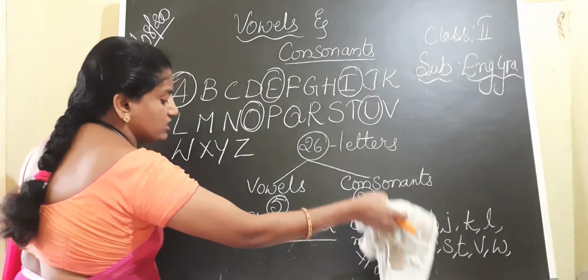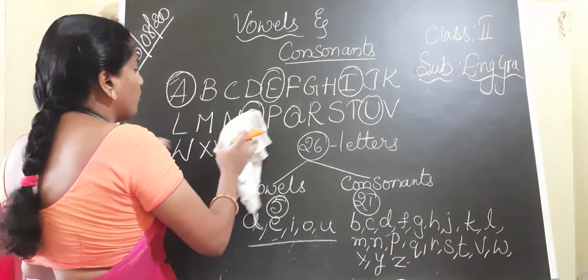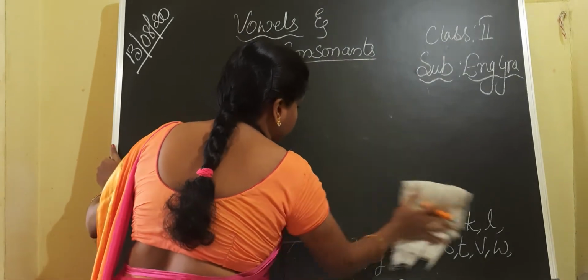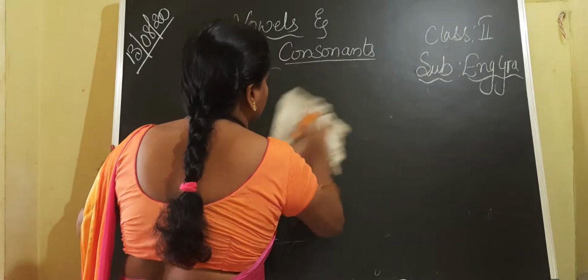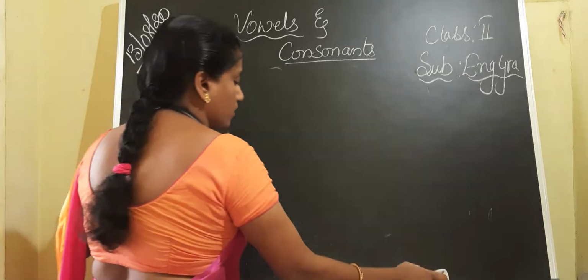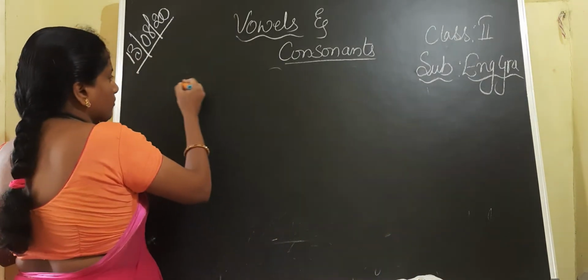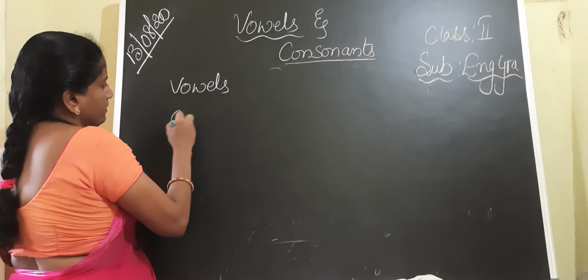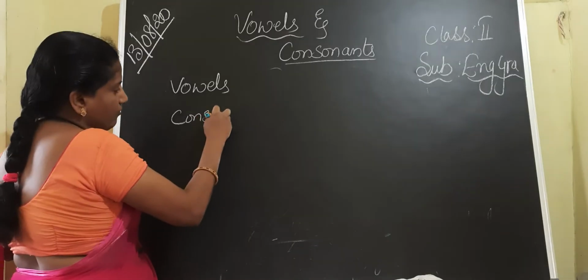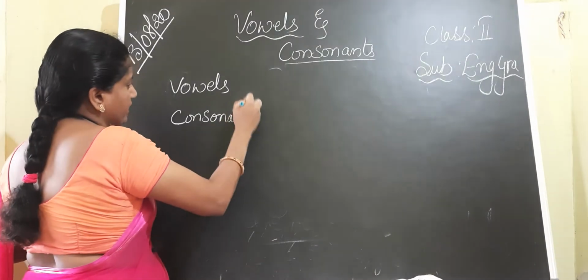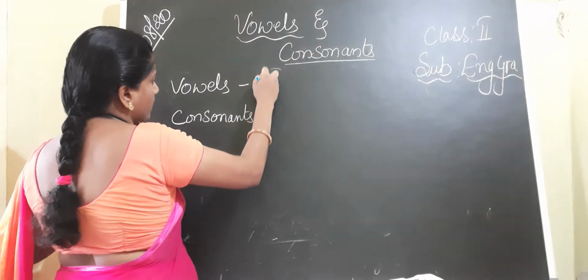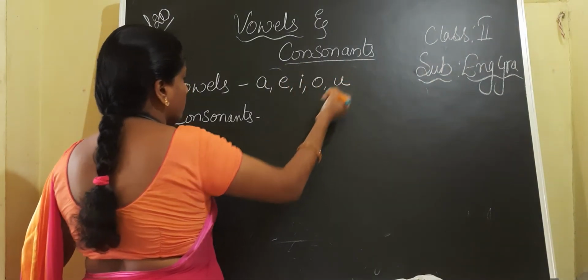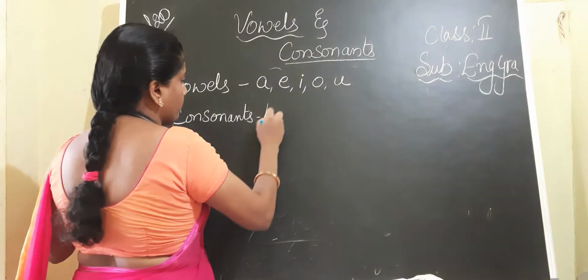Now let us see, children, how to use A or AN with the vowels and consonants. See, first I will write vowels, consonants. Have a look again at the vowels and the consonants. A, E, I, O, U are vowels.